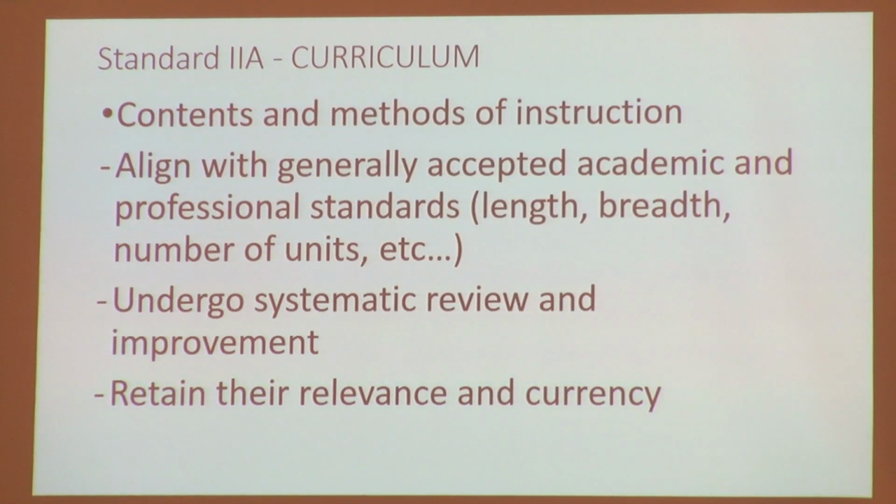Those standards pertain to the length of the program or courses, the breadth of courses, the number of units assigned to each particular course, etc. They also wanted to see if our programs and courses undergo any type of systematic review and improvement. And the answer is a resounding yes, since we have our curriculum process and the review of CORs that supports that. And whether or not our courses and programs retain their relevance and currency.